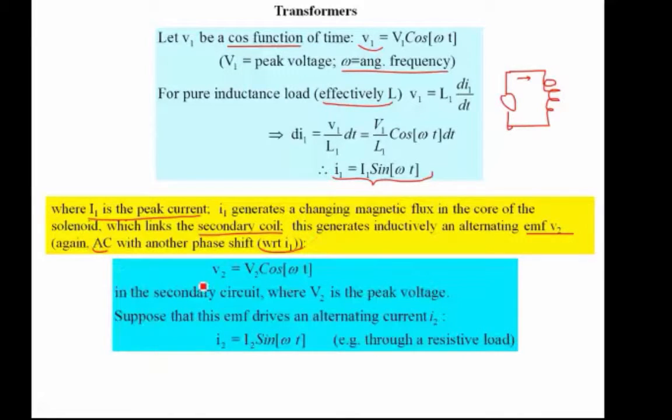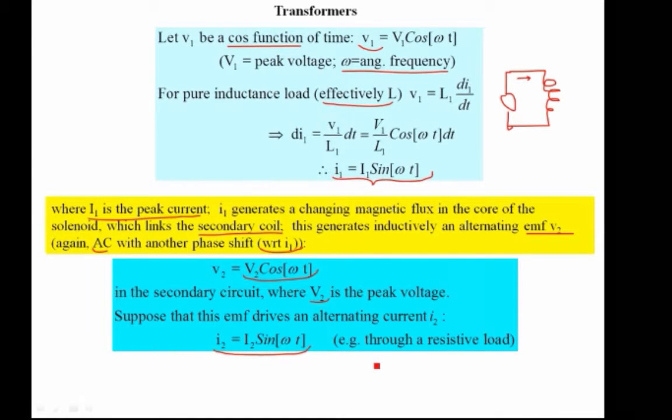If we take our V2 to be V2 times cosine omega t in the secondary circuit, and V2 is the peak voltage of little v2, we suppose that this EMF drives an alternating current I2, and it will also be given by I2 sine omega t, just like we had for I1.